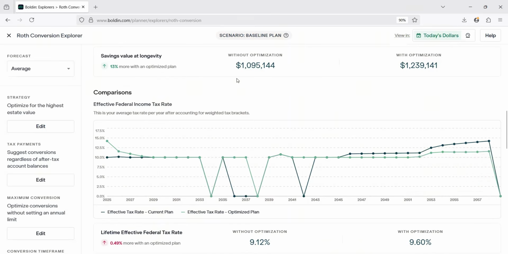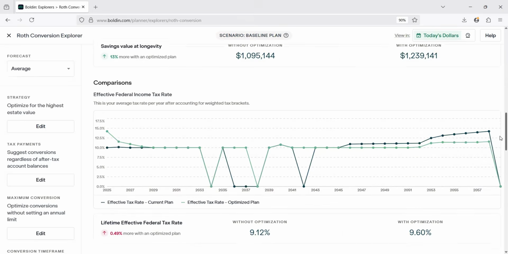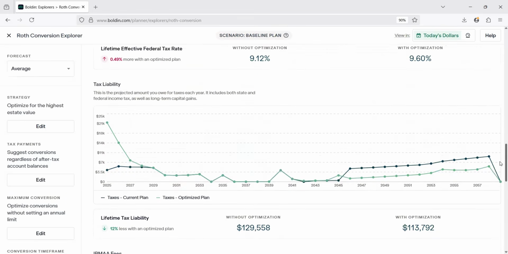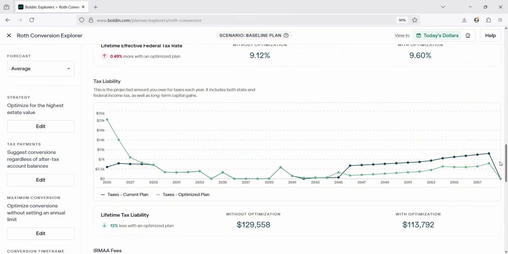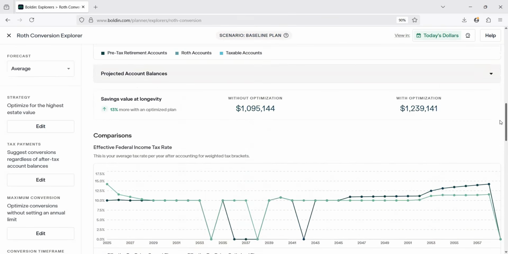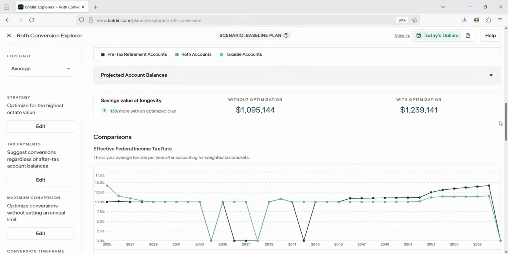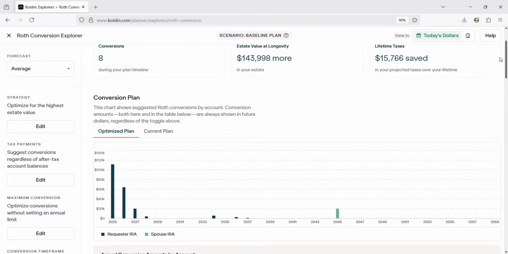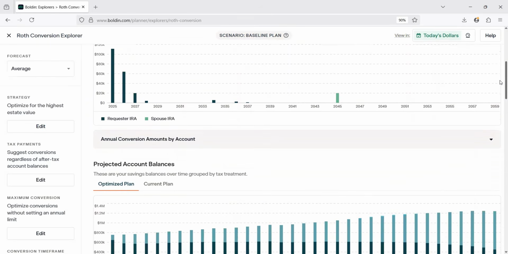This is a really good case for Boldin and the Roth converter because, I think people tend to think of Roth conversions as either an all or nothing endeavor, like I'm not doing any or I'm doing all of it to try to maximize. And here it's telling you, no, no, no, just do a third.